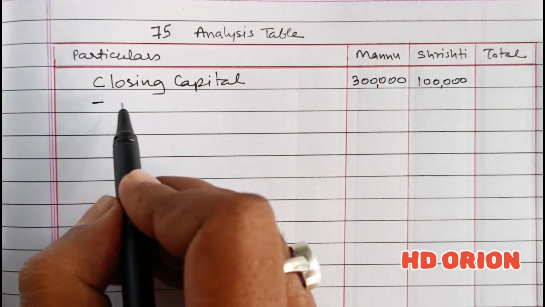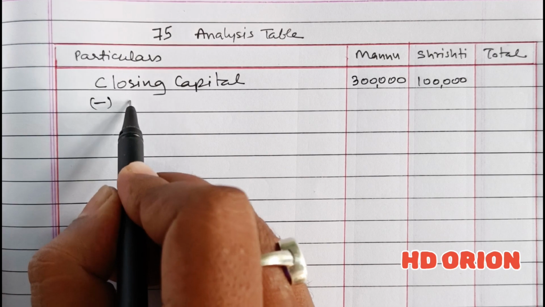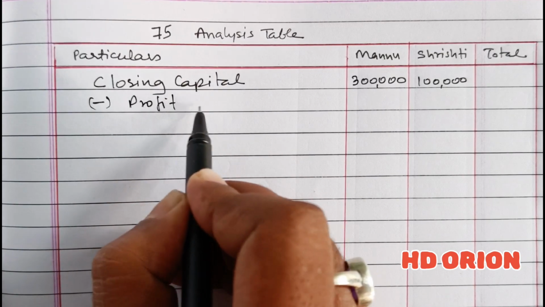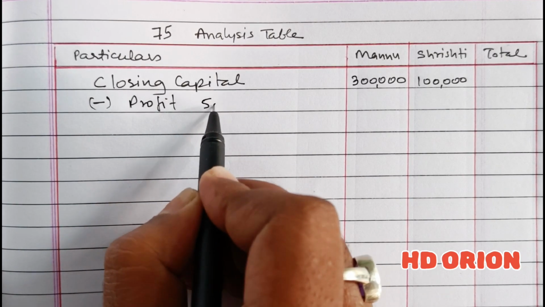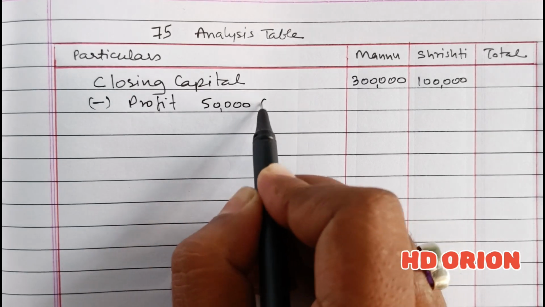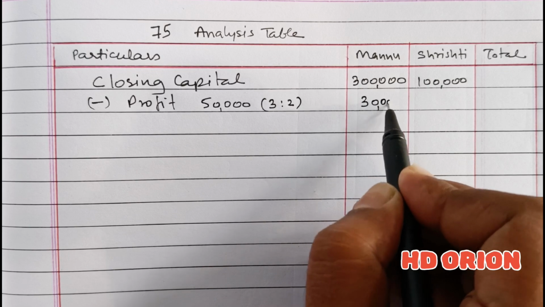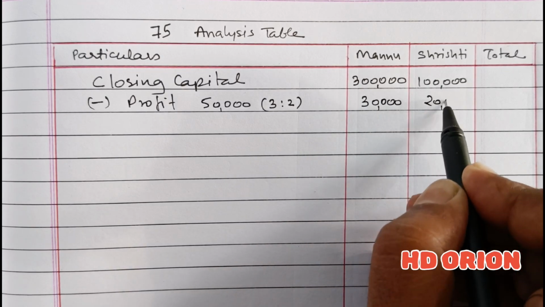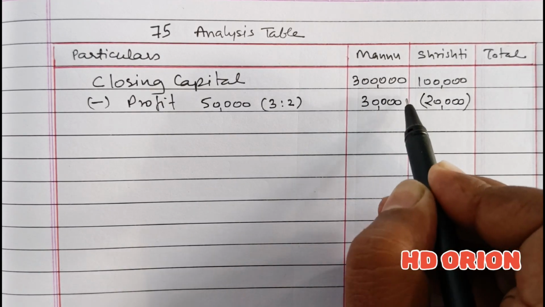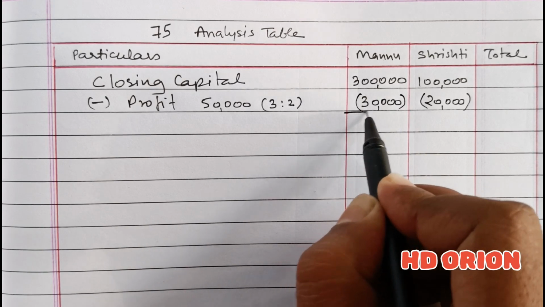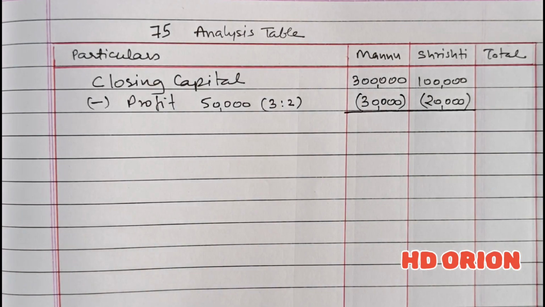Now in this we will subtract profit. Profit for the year, which is rupees 50,000, and it has been given to the partners in their profit sharing ratio, that is 3:2. So 30,000 rupees for Manu and 20,000 rupees for Shrishti, that we will deduct because it has already been added to the capital. Now treatment of drawings will not be shown here for calculation of opening capital balances, because drawings are shown in the balance sheet on the asset side.